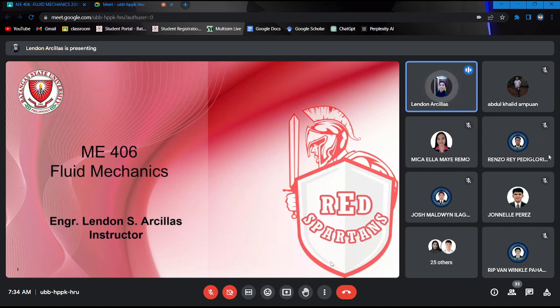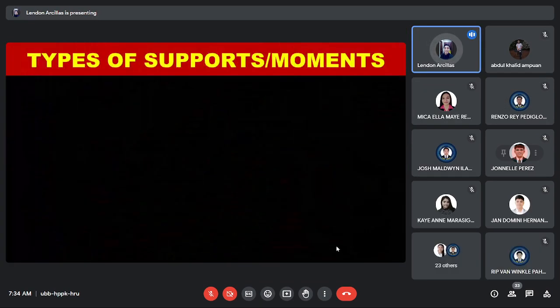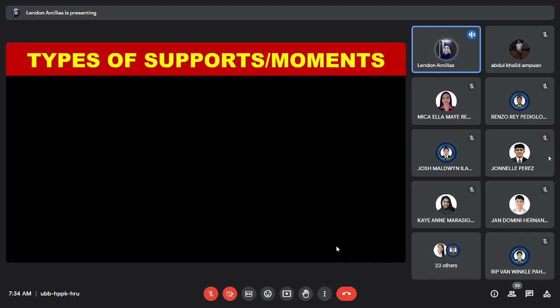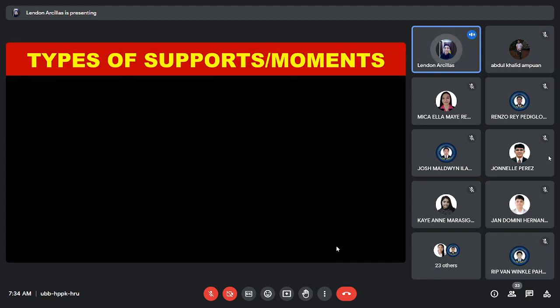So, if naalala nyo yung last lesson natin, that is hydrostatic force. So, we are just solving on the value of F and the location of that force. So, what if we had another force dun sa ating gate? Okay, so hindi lang yung hydrostatic force yung nag-act dun sa ating gate.